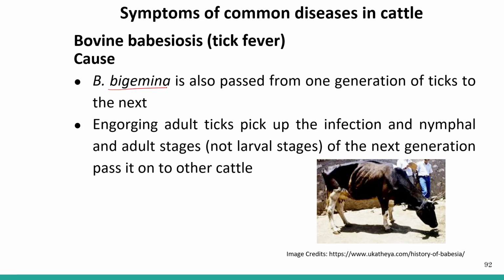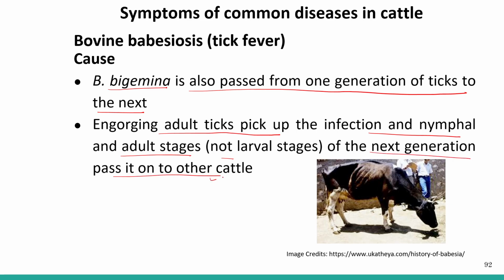Bovine babesiosis is also passed from one generation of ticks to the next. Engorging adult ticks pick up the infection, and the nymphal and the adult stages, not the larval stages, of the next generation pass it on to other cattle.